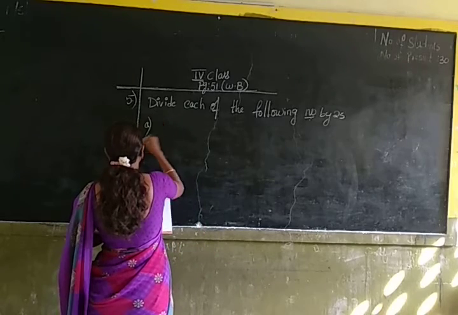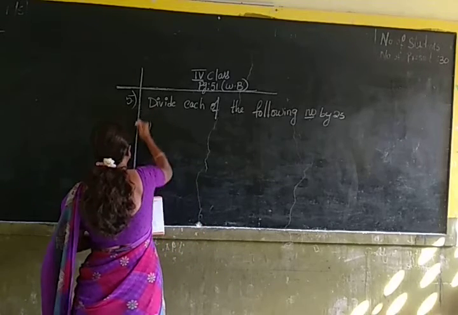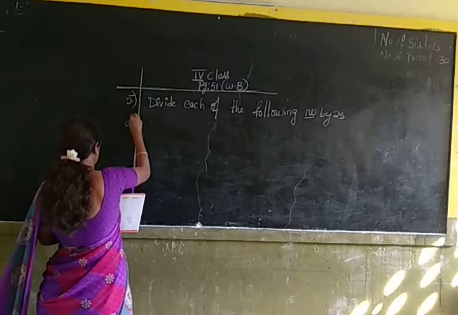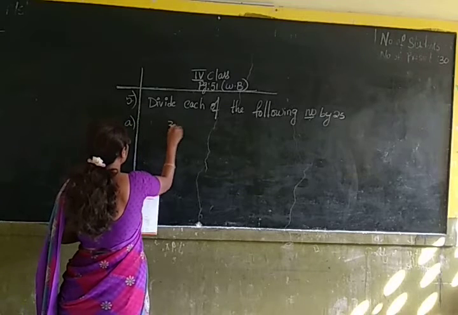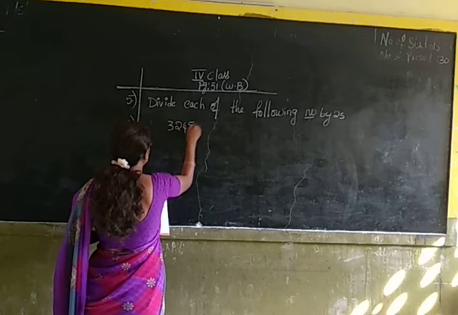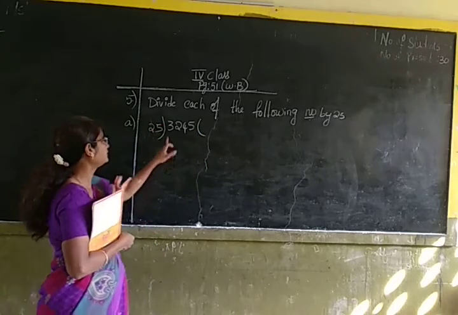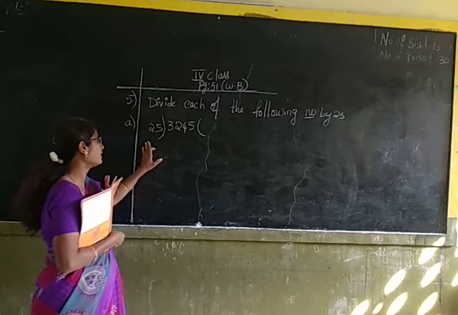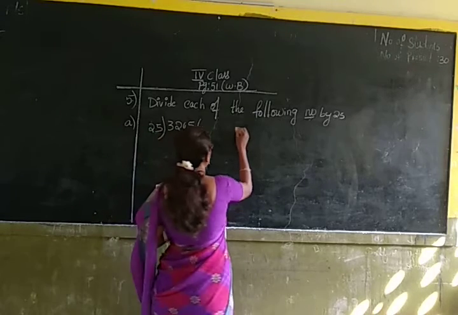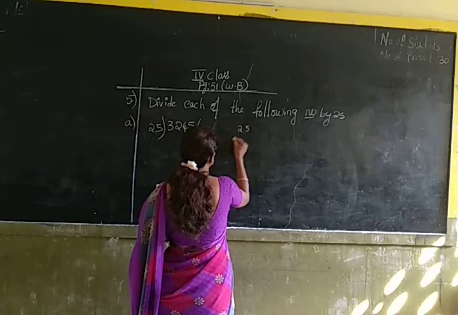First one is 3245 divided by 25. We have to divide 3245 by 25. Let us write down the 25 table.